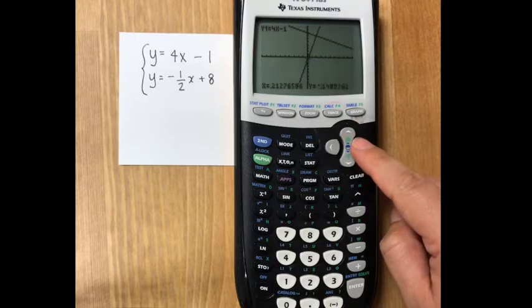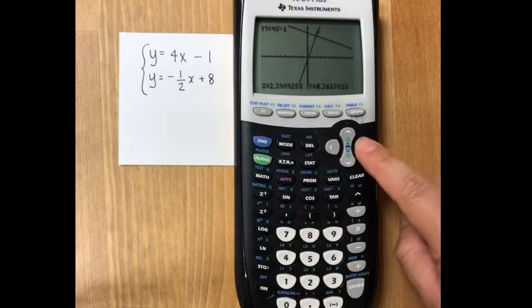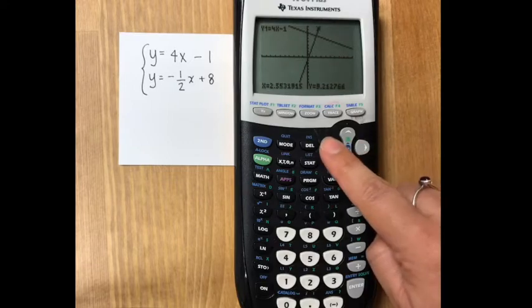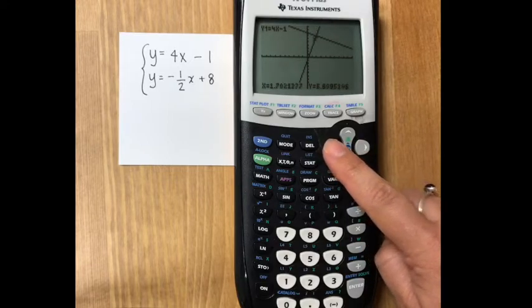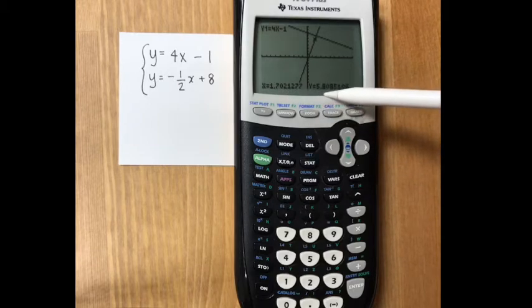If you press this particular arrow key that goes to the right, it's going to travel up and down the line, so you're able to see as you're traveling, and you can do the opposite. These are the actual x values for the point that you're currently sitting on, and the y values. So that is one option.